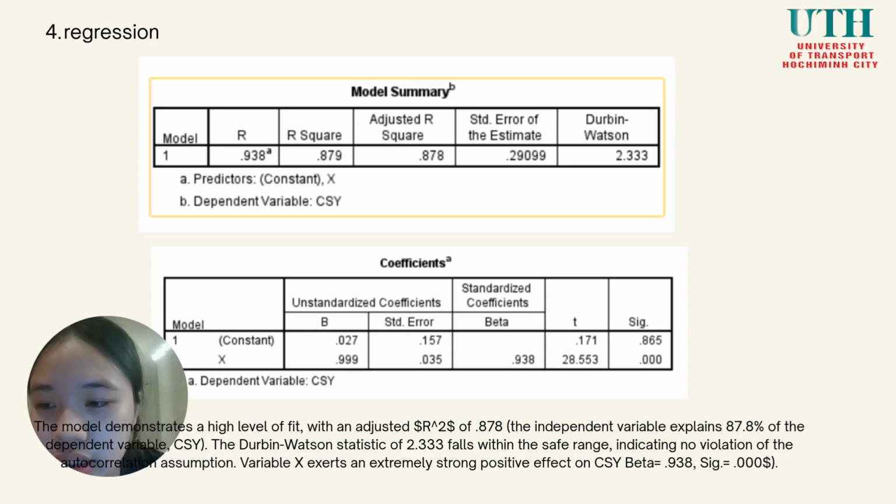The standardized beta coefficient reaches 0.938, with a highly statistically significant p less than 0.001.